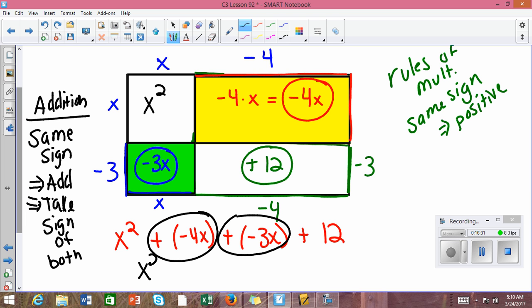X squared doesn't have any like terms. Add them. 4 and 3 make 7x, and we're going to take the sign of both of the numbers, and then we're adding 12 at the end, and you can see, voila, you have your trinomial, which resulted from multiplying your two binomials together.